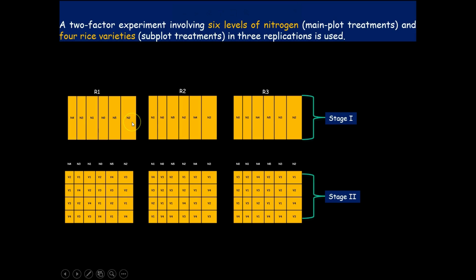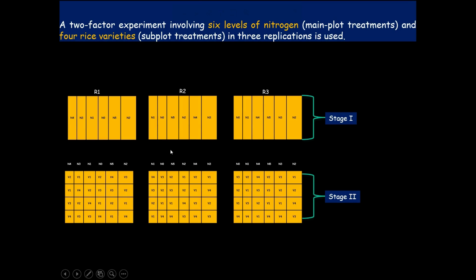Then in step 2, following a randomized complete block design randomization procedure with 6 treatments, a equal to 6 levels of nitrogen, with 3 replications, randomly assign the 6 nitrogen treatments. So there is a randomization process in the arrangement of these 6 levels within each replication, and the same is the case with the second and the third.